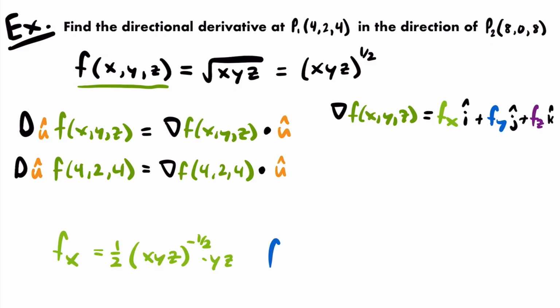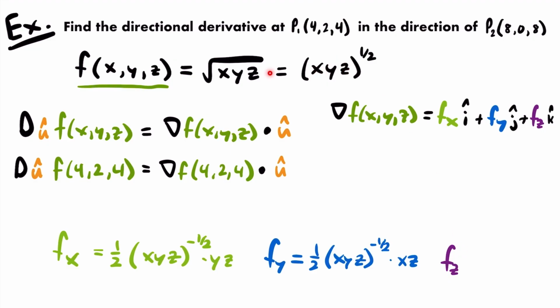All right, for fy, you will still have 1/2 times x times y times z to the negative 1/2 power, but then you'll be multiplying by the derivative of that inside function with respect to y, which will be x times z. The derivative of y to the first power is just going to be its coefficient, which would be those 2 constants of x and z, at least with respect to y. So we'd be multiplying by xz, and then again, a very similar process for fz.